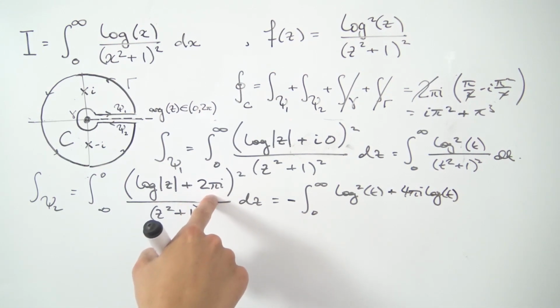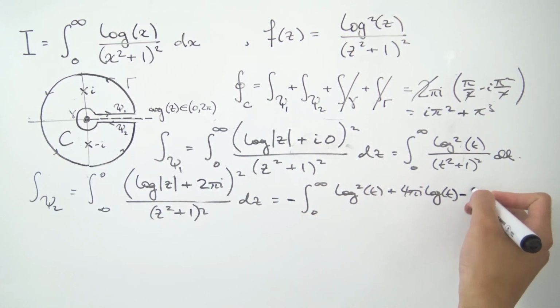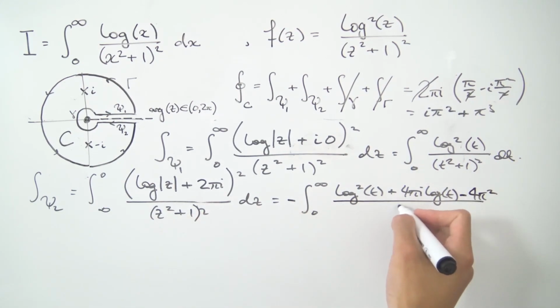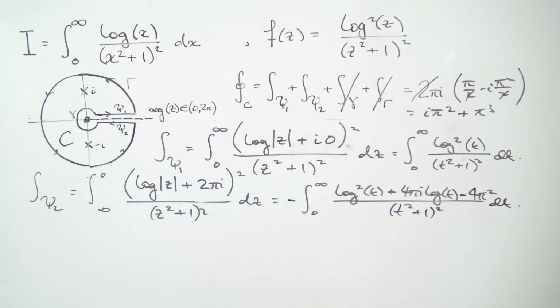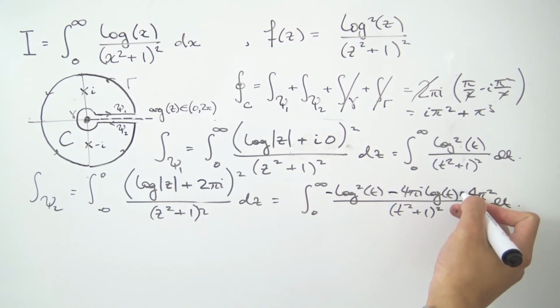Then if we square 2 pi i, that's 4 pi squared times i squared, which becomes negative, so minus 4 pi squared, divided by t squared plus 1, the whole thing squared, dt. Okay, cool. Another thing I'll do, I'll distribute this negative into the numerator, so this turns into negative, and this turns into positive.